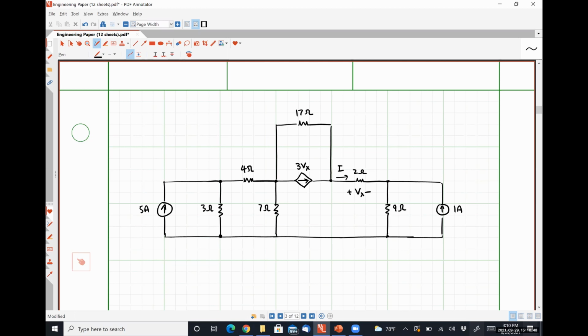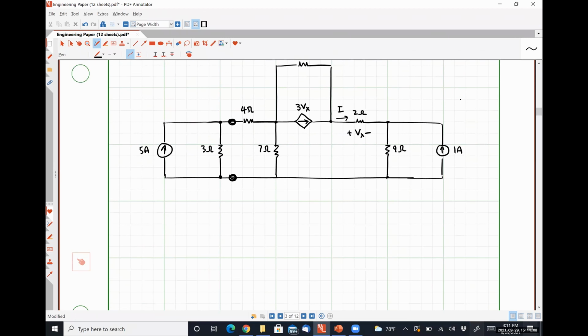So let's look at that 5 amp source in parallel with 3 ohms and what we can do with it. Okay. So what I'm going to do is I'm going to put a pair of terminals right here. This is me kind of subdividing the circuit up into manageable bits. All right.